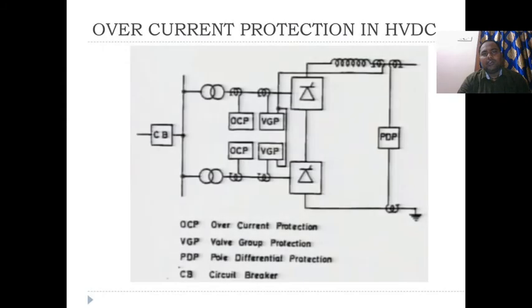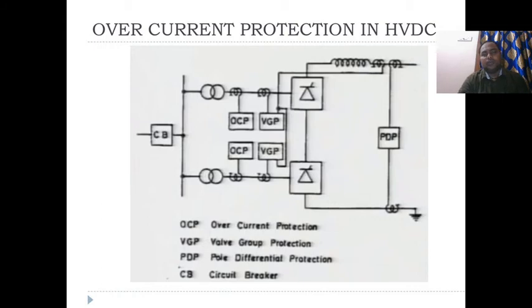Please observe the overcurrent protection in an HVDC system. Please see the circuit breaker. This is the OCP, overcurrent protection. This is the VGP, valve group protection. This is the PDP, pole differential protection. Normally the overcurrent occurs on both sides of the circuit.